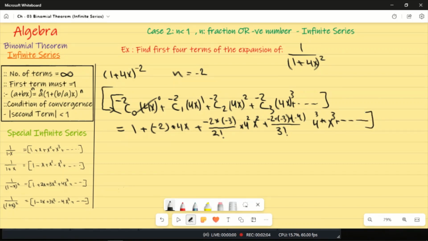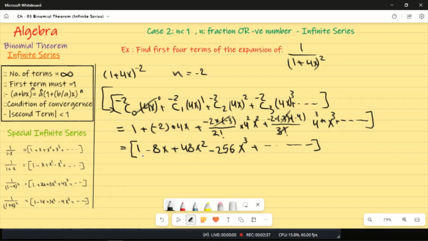So here we have 1 minus 8x plus 48x squared minus 256 x power 3 plus our continuation.